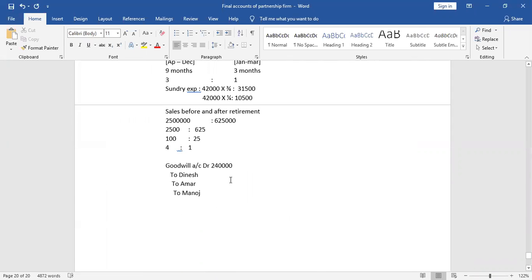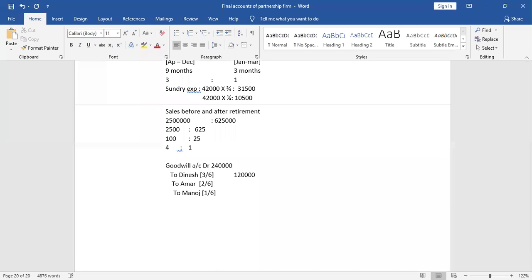So the ratio will be 3 upon 6, 2 upon 6 and 1 upon 6. Divide 2,40,000 in this ratio. What are you getting? 1,20,000.